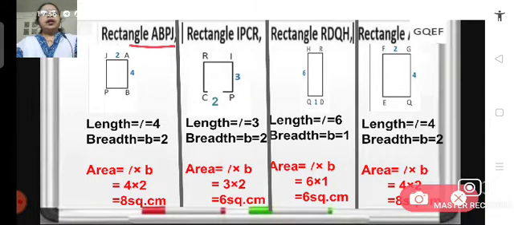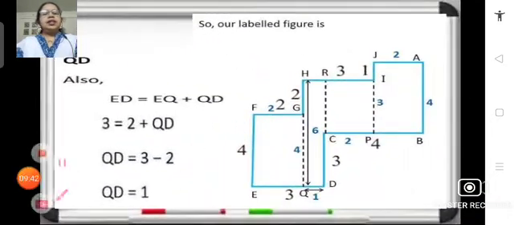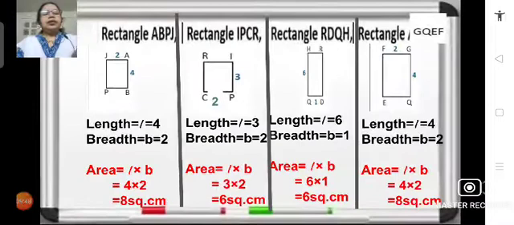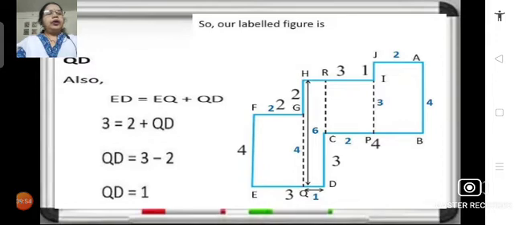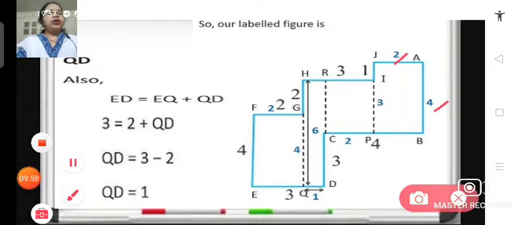ABPJ. In the rectangle ABPJ, that means in this rectangle, we have length 4, isn't it? And breadth 2. Length 4, breadth 2.